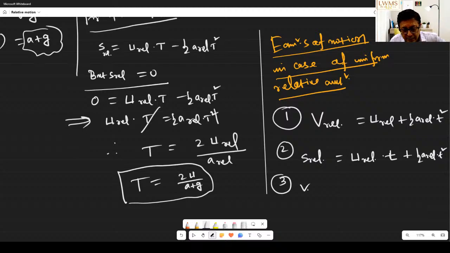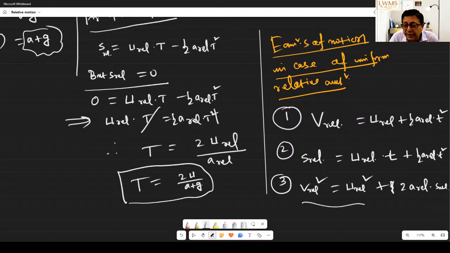And then v square equals u square plus 2as, you remember. So V relative square equals U relative square plus 2 A relative into S relative. Clear?